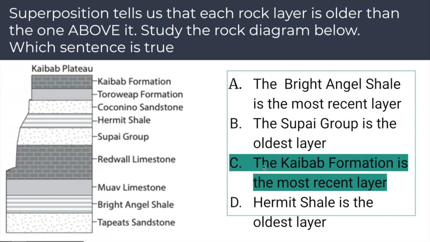If you said that the Kaibab Formation is the most recent layer, you are correct. We know that because the Kaibab Formation is the layer sitting at the very top, and because of superposition, the newer layers are on top of all the different rock layers.